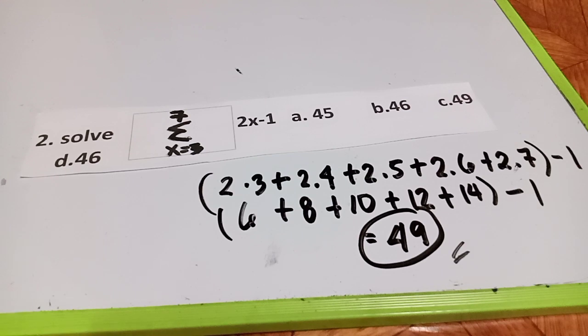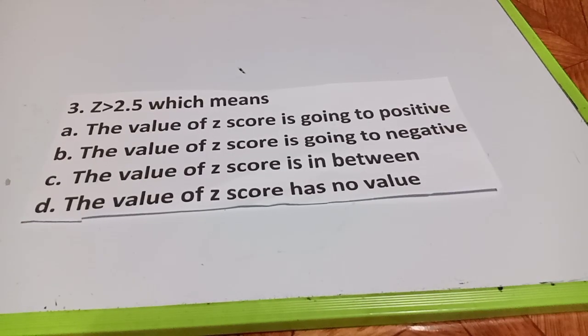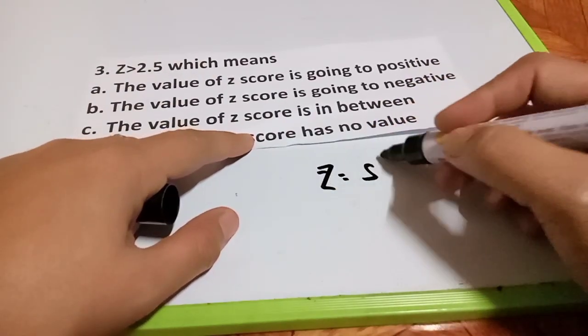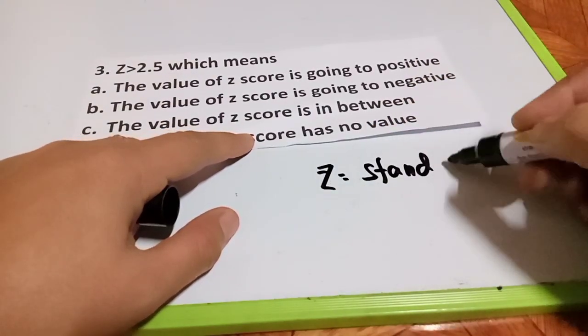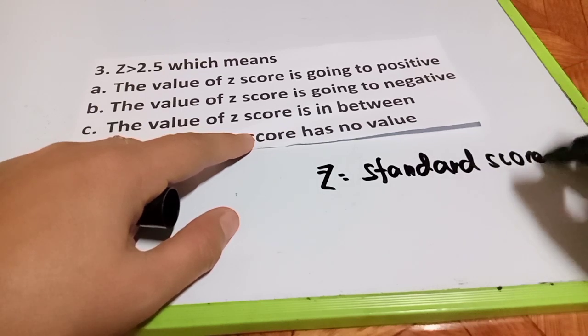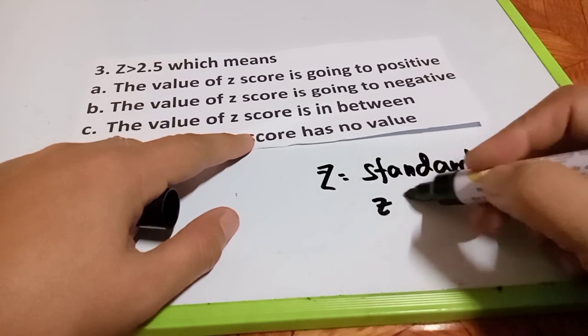How about number 3? Let's proceed to number 3. Z greater than 2.5. By the way, what is Z? Z is what you call the standard score, or the Z-score.